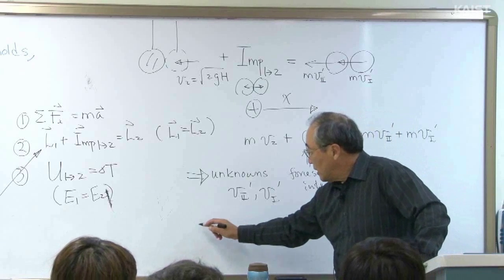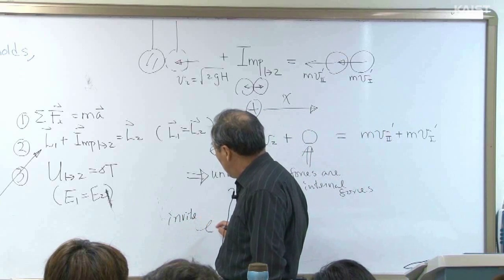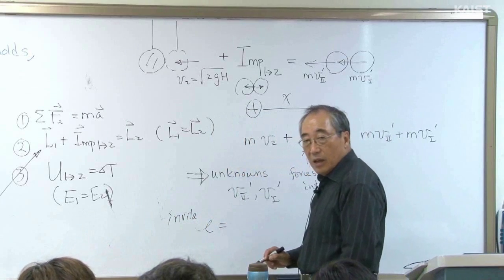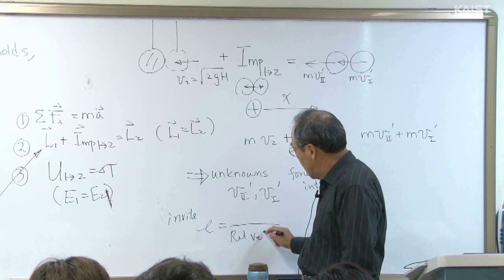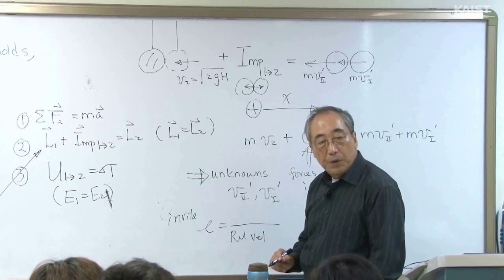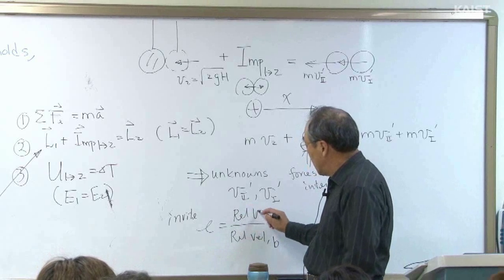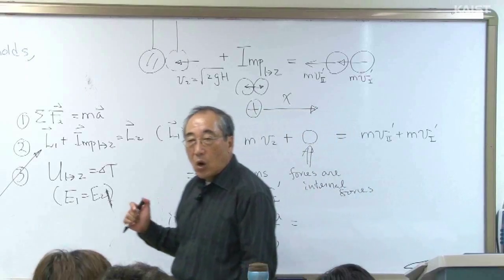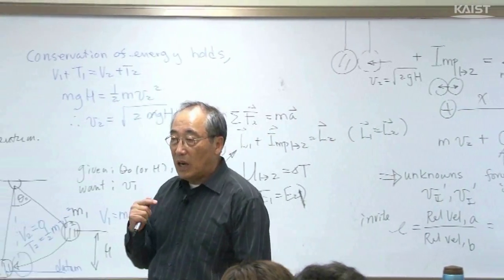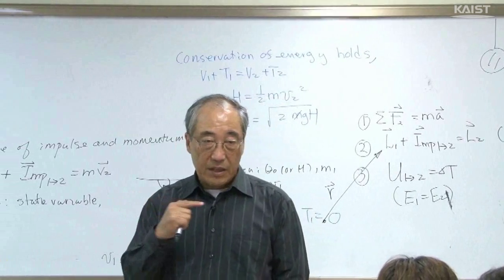Therefore, we invite the coefficient of restitution. That is simply the relative velocity before impact and the relative velocity after impact along the line, the normal line, in every case.